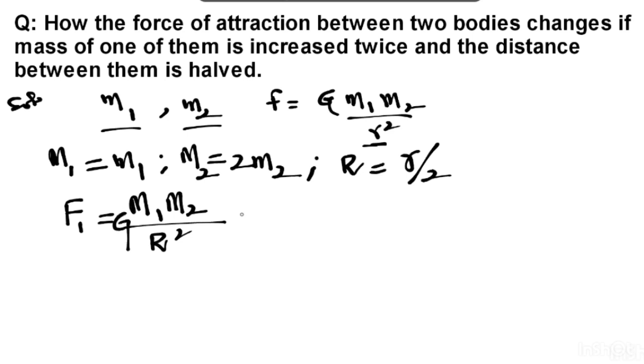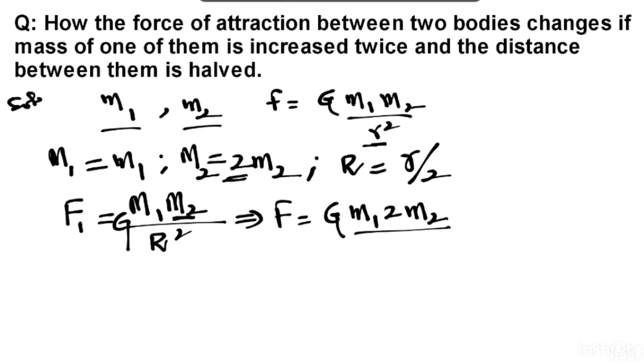I am going to substitute the values. F1 equals capital G, and capital M1 is as usual small m1, and capital M2 equals 2m2 because the mass of the second body is increased twice, and the distance between them, capital R square, I can substitute as R by 2 whole square.